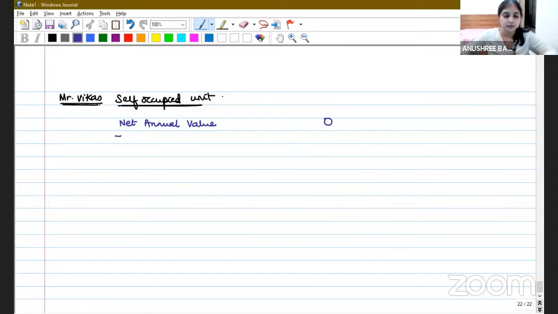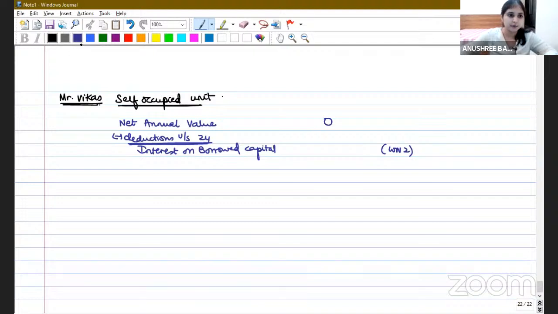From this, we will subtract deductions under section 24. We'll have only one deduction and that will be interest on borrowed capital. Give reference to working note number 2. Leave 2 lines gap. Open working note number 2.